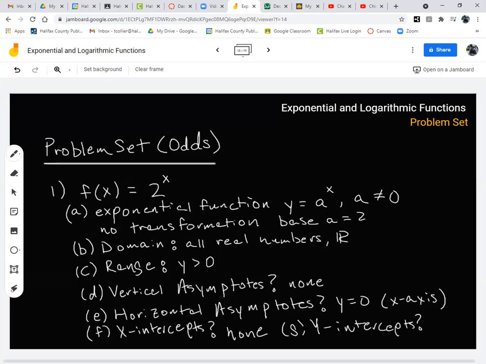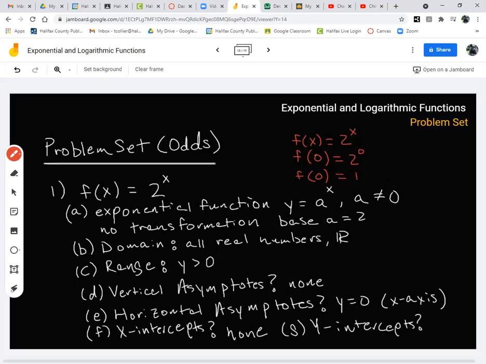What about the Y-intercepts? Well, to find the Y-intercepts, what you could do is you could let X be 0 and see what happens. So if we're dealing with a function f of x, and we know that the function has an independent variable of x, what we could do is test out what happens when x is 0. So I'm going to replace x with a 0 and see what happens. I get f of 0 is equal to 2 to the 0 power, which is going to be 1.